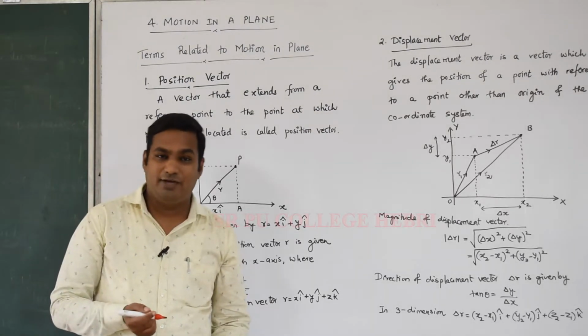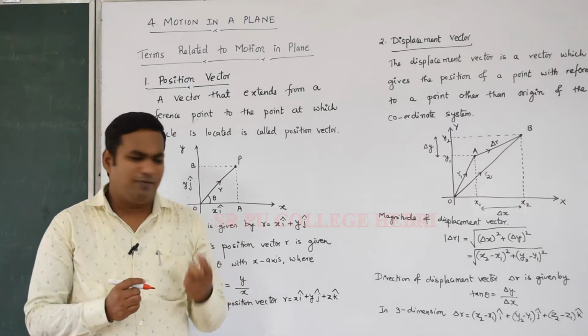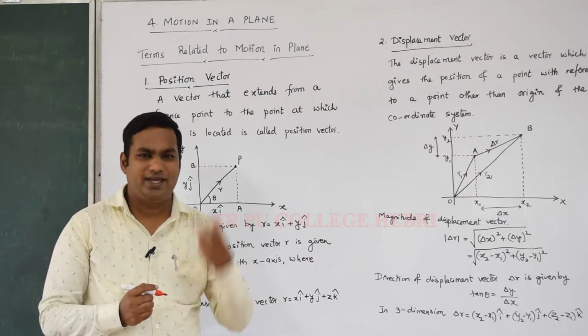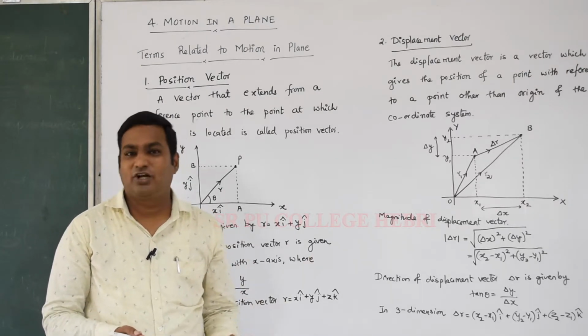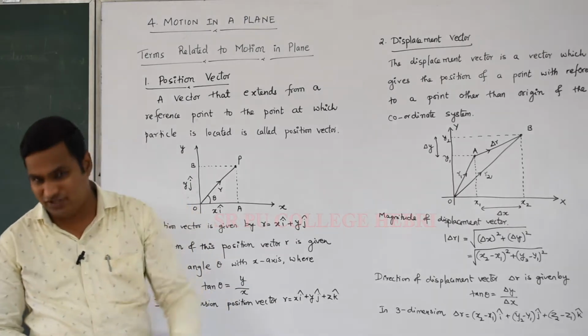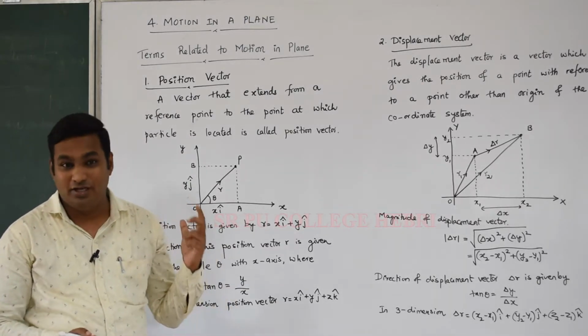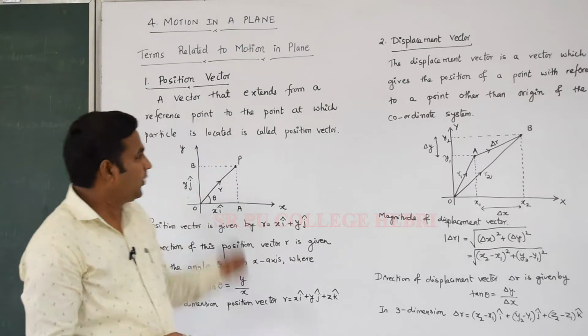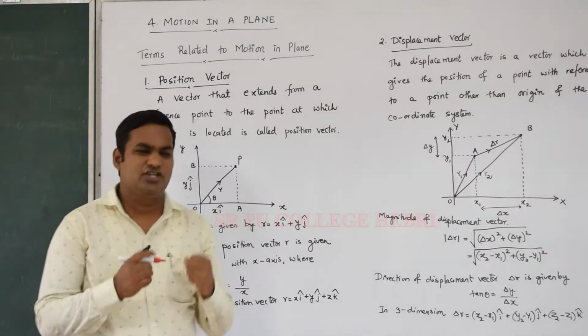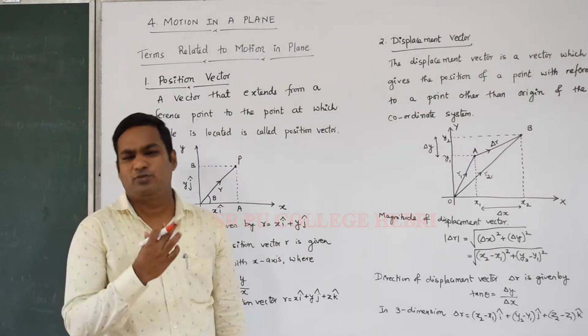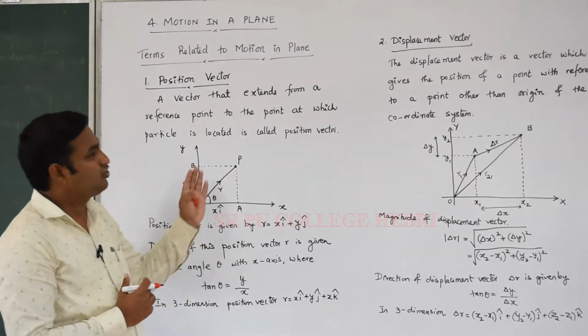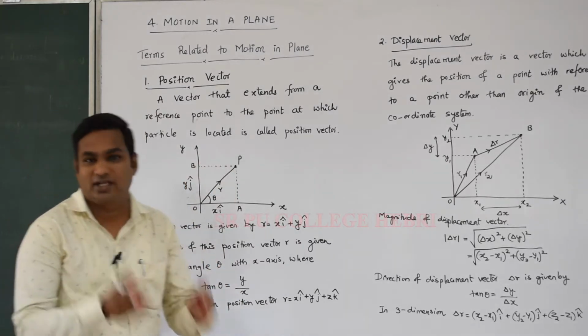Usually in 1 dimension, the particle is strictly along the x-axis or y-axis or z-axis, so the vector concept is not that essential in 1 dimension. But in 3 dimension, vector concept as well as direction representation is very important. That's why in 2 dimension and 3 dimension, we mainly think about vector concept.